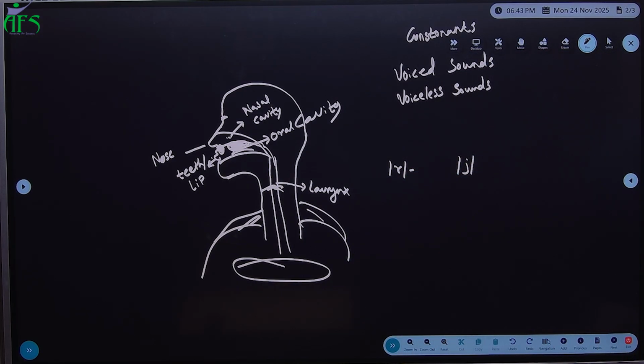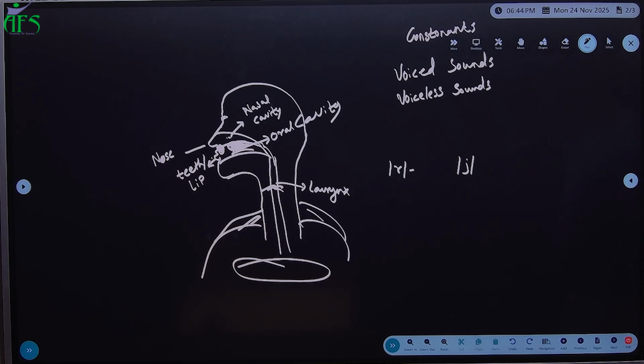Then comes velar sound. Velar means that velum: when the back of the tongue touches the soft palate, or the velum, the sounds thus articulated are called velar sounds. And the English language contains many velar sounds. For example, the initial sounds of words like key, kettle, the sound k is there.